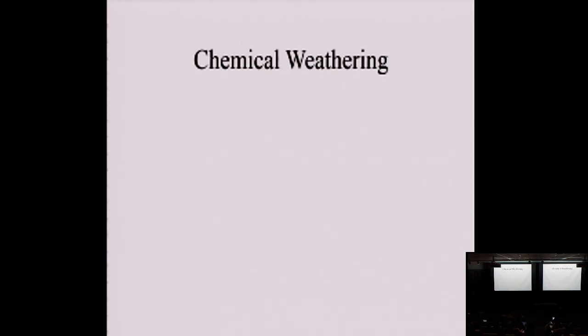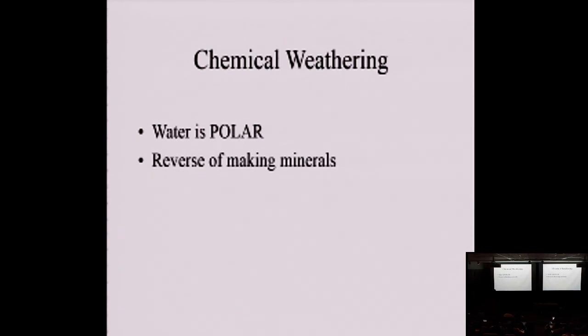And then you can change the mineralogy by weathering in a chemical fashion. Chemical weathering happens as a result of oxygen oxidizing rocks. Water is the most powerful chemical weatherer, as we'll see when we talk about weather, violent weather.